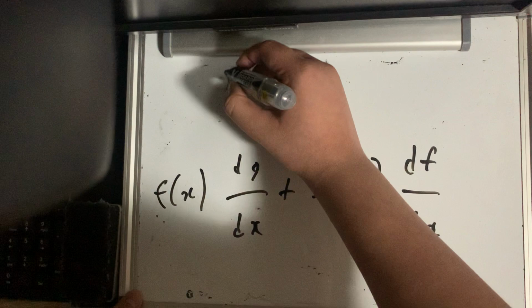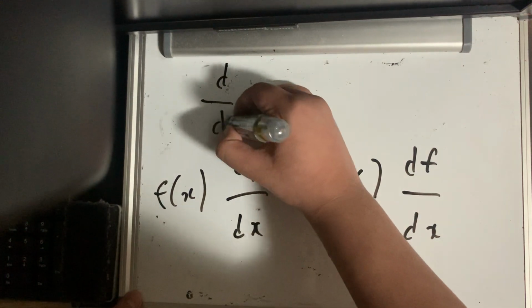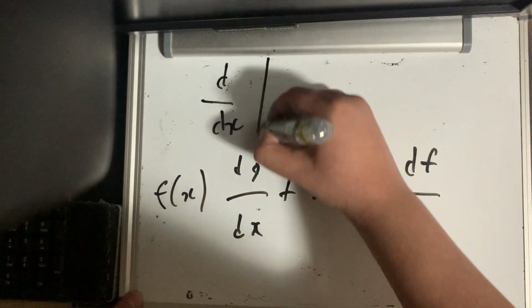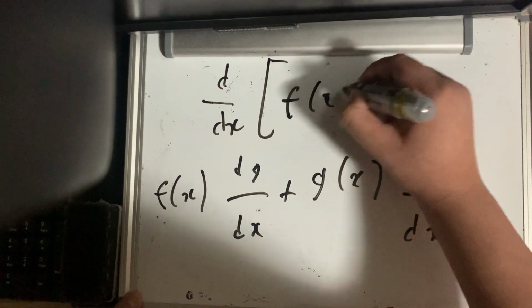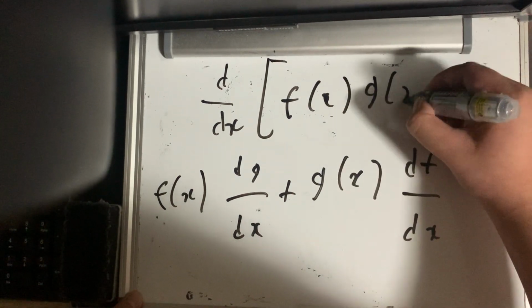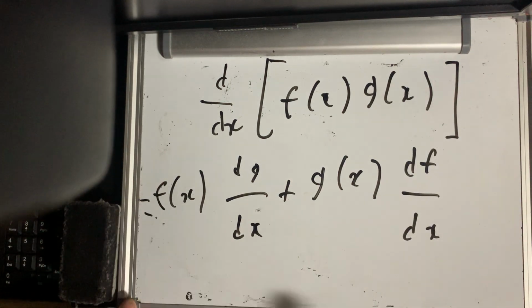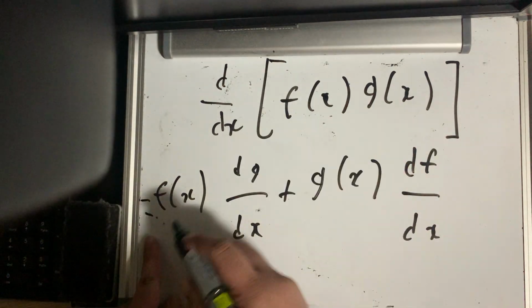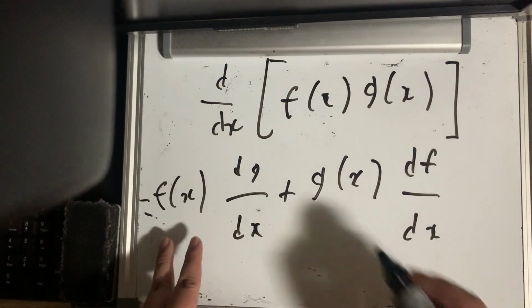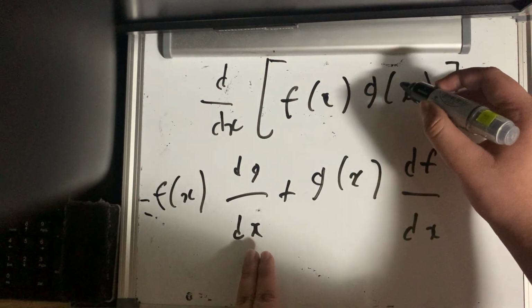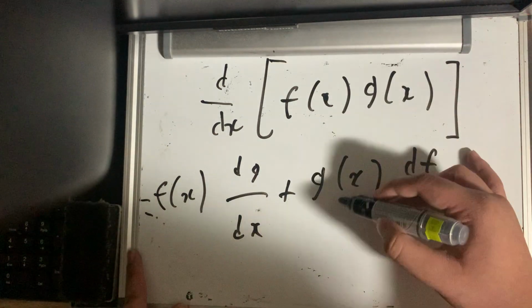You notice that the derivative of a product f of x multiplied by g of x can be represented as just one of the functions first, that's not a derivative, and the derivative of the other function, plus that function and the derivative of the other function.